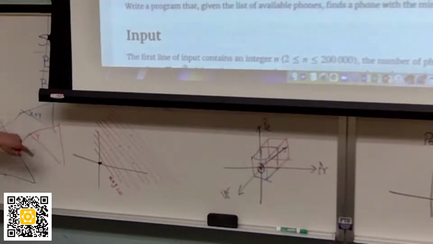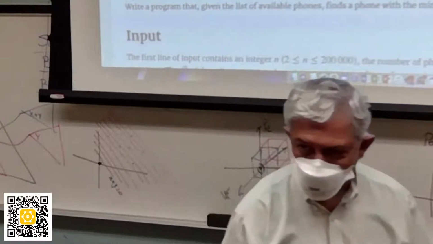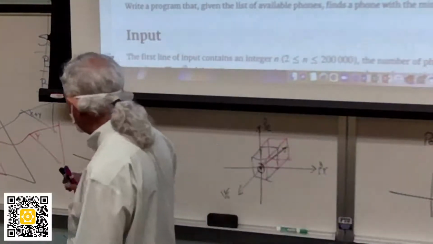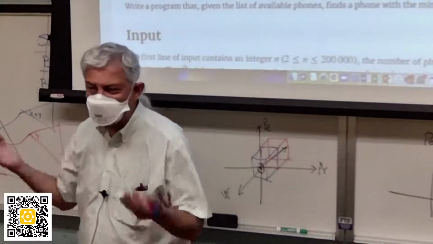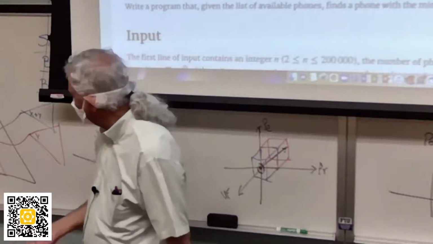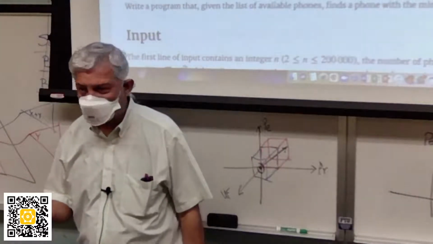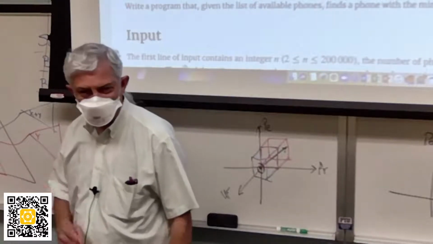This will help me find the largest x plus y or the smallest x plus y. I can sort it by whatever value I want. If I sort it by x plus y, I can pick anything that's in a certain range in terms of x plus y values. In particular, I can also pick the smallest guy or the largest guy. Perfectly fine.